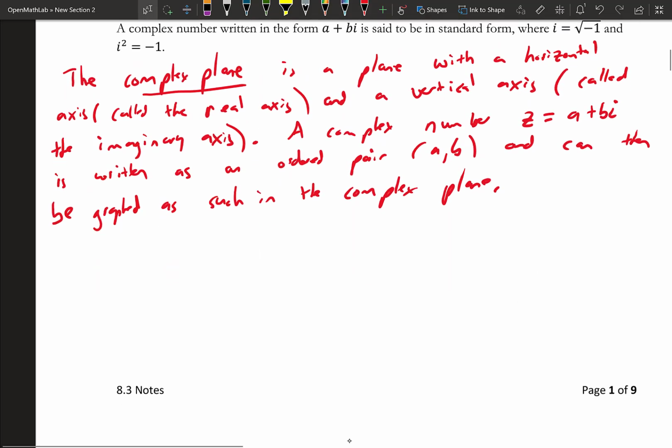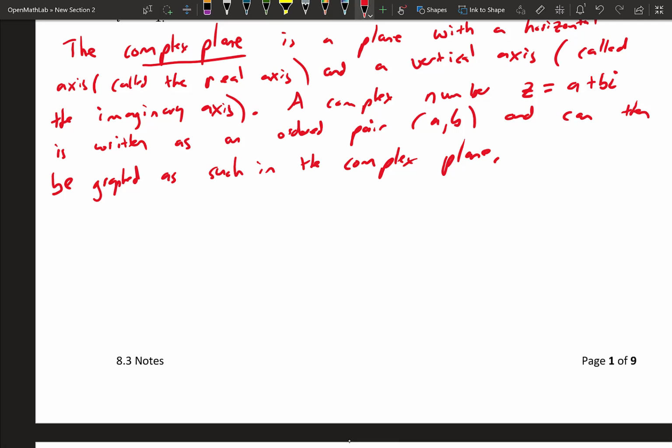So let me just draw an image here. If I have a coordinate system, basically, if we want the complex plane, the x-axis, the horizontal axis, is now what we call the real axis. In other words, that's where I'm going to graph the a value. And then the y-axis, the vertical axis, is called the imaginary axis.